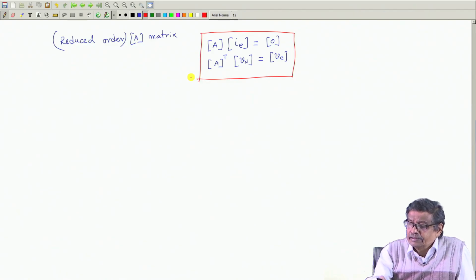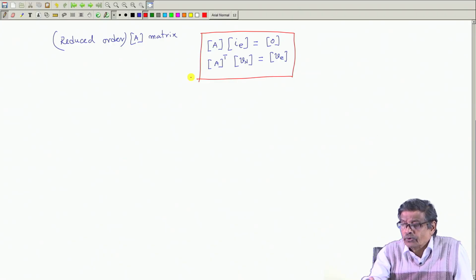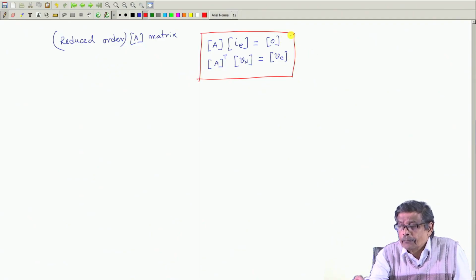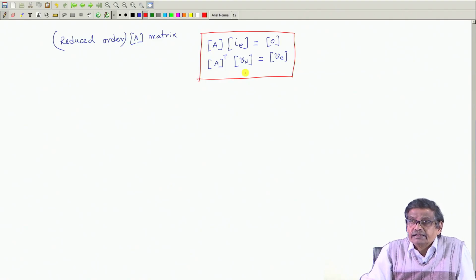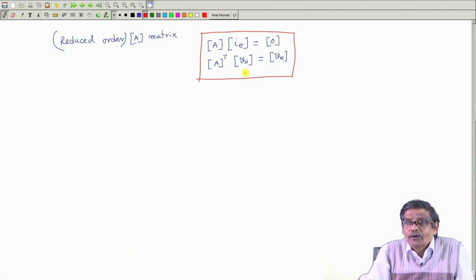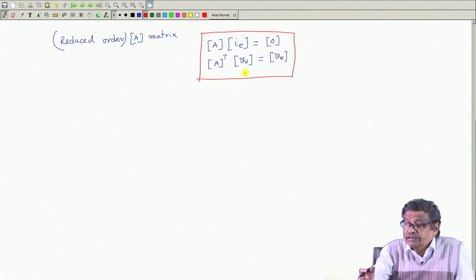And the fundamental relationship of element voltages and node voltages gave me this one, and simple application of KCL gave me this one. So, these are the statements. If you draw the graph of a network, directed graph, and then these two are shown, these two are correct.